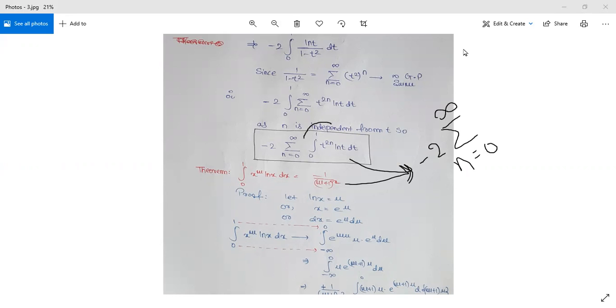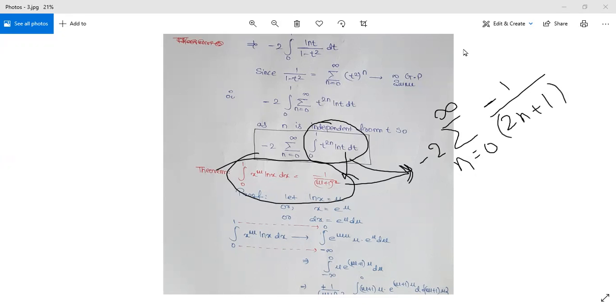Now this thing will change in this form by using this theorem. So it will now be minus of 1 divided by, in this case 2n is m, so it will be (2n plus 1) whole square.